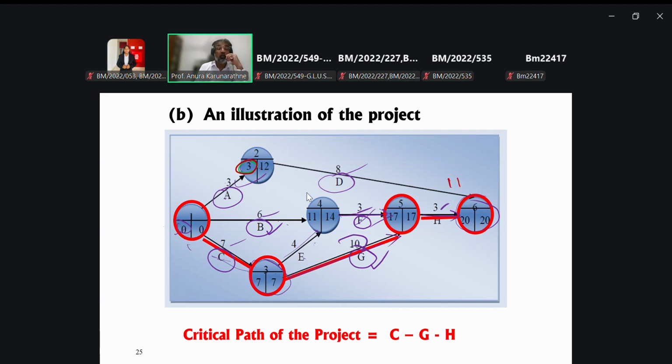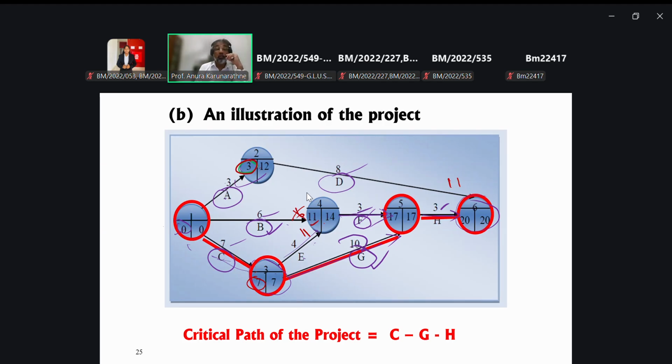Then 0 plus 6, that is 6. Here 0 plus 7, 7, so you can record it, you have no alternative. Then 7 plus 4, that is 11. So you have to take the highest one. As for the forward pass approach, you have to take the highest. Then delete this one, take 11.